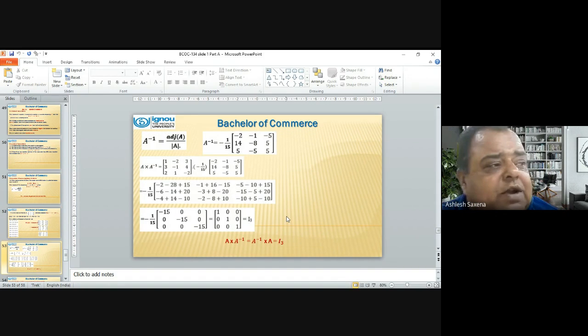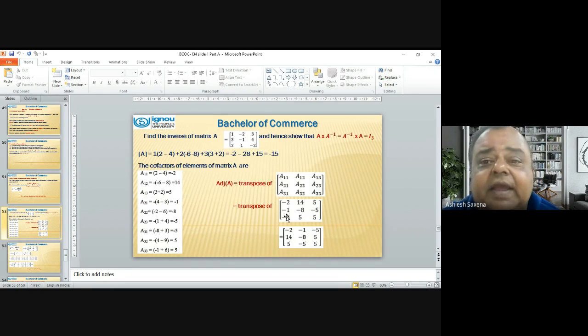A inverse is equal to adjoint of A upon mod of A. We have the value of mod of A as minus 15, so it will be minus 1 by 15 into adjoint of A. This is your inverse. Now what we have to calculate is A into A inverse. We cannot change the order.